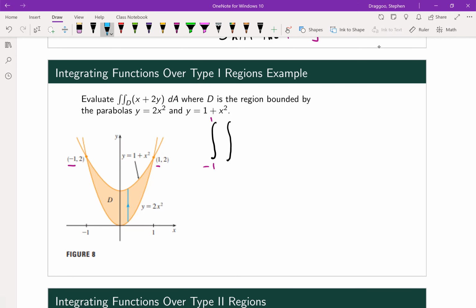So the bottom function was 2x squared, and the top function 1 plus x squared. Fill in the integrand, which is x plus 2y, and we're doing this in order of dy first and dx second.